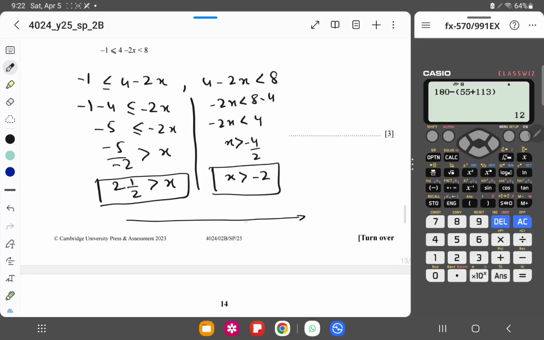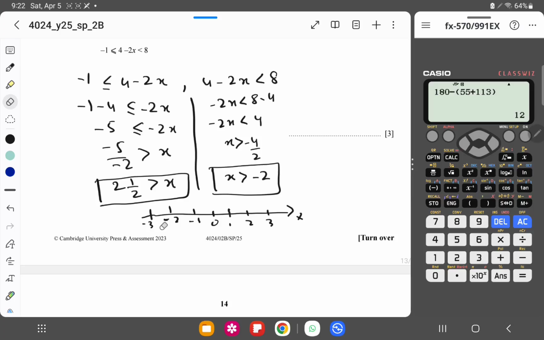Whenever I draw the number line, this is 0, minus 1, minus 2, minus 3, and the positive numbers here: 0, 1, 2, 3, and minus 1, minus 2, minus 3. You have this one, minus 2, here.